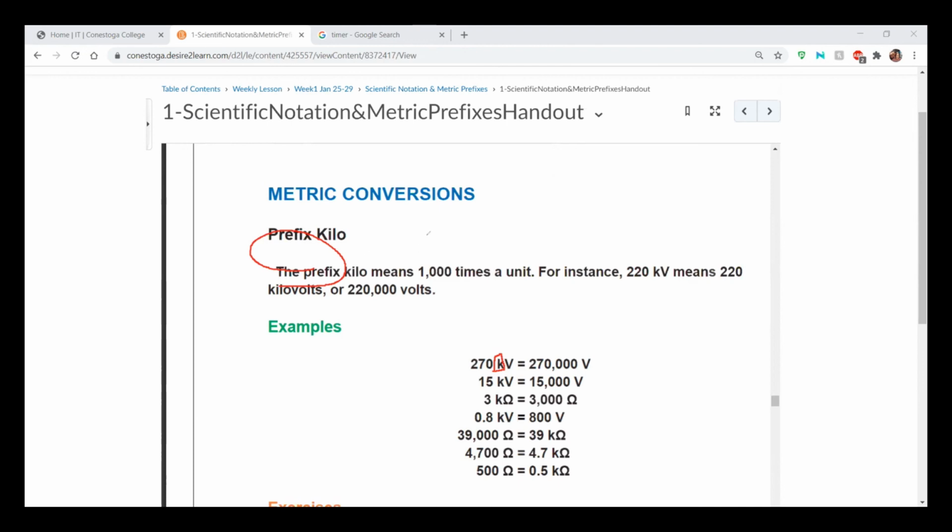Every time that we have the K, it means that we are going to substitute that K for 3 zeros. But let's say, for example, that we have 2.2 kilovolts.